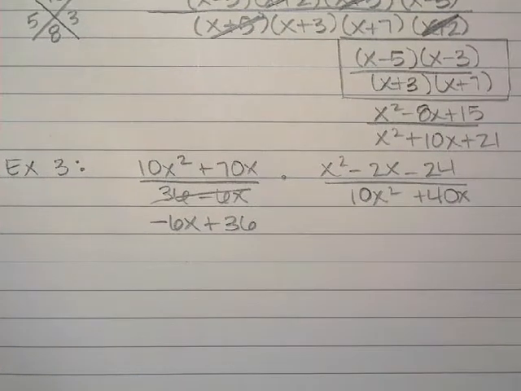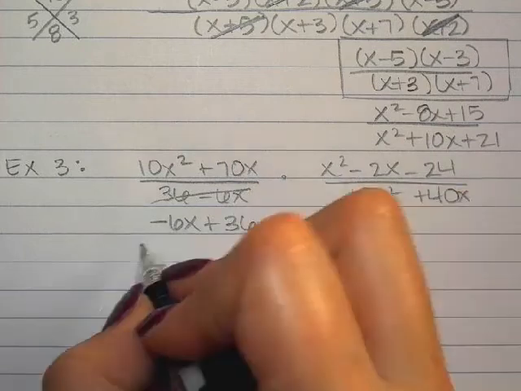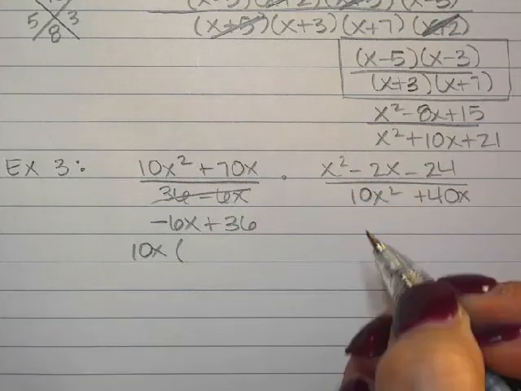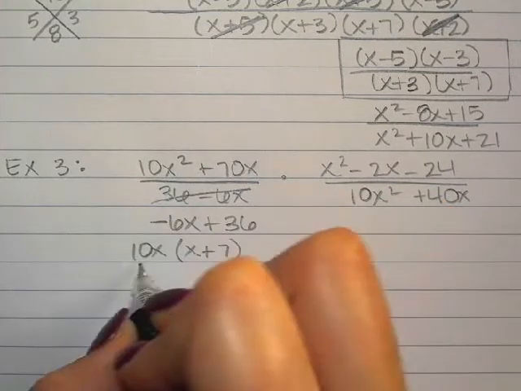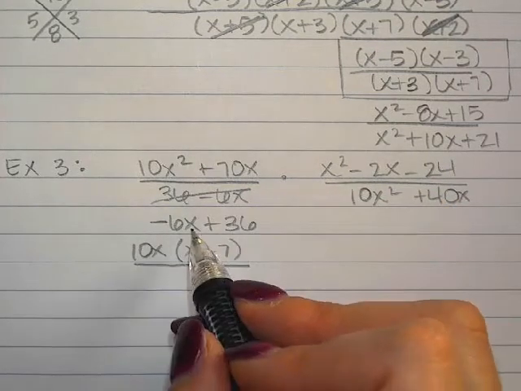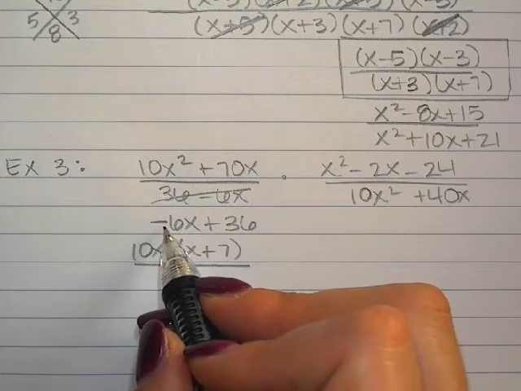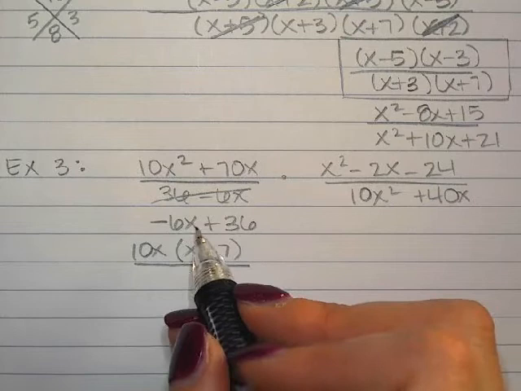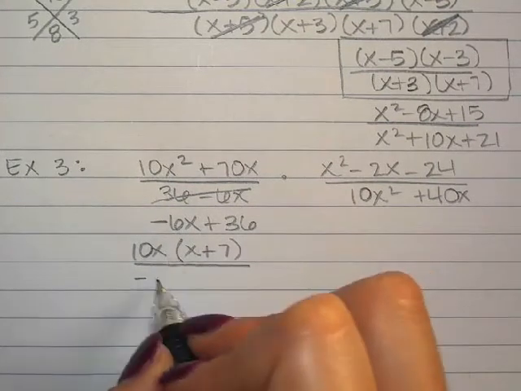Okay, and now I'm going to start factoring. On the top, I have a GCF of 10x, and that leaves me with x plus 7. On the bottom, now that we have it written in the correct order, we have a negative in the front. If you recall from the simplifying notes, if we have a negative in the front, we should take that negative out with the GCF.